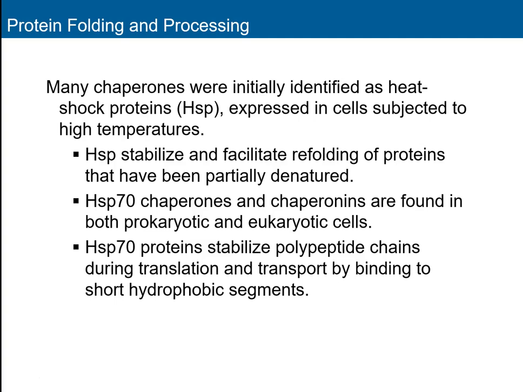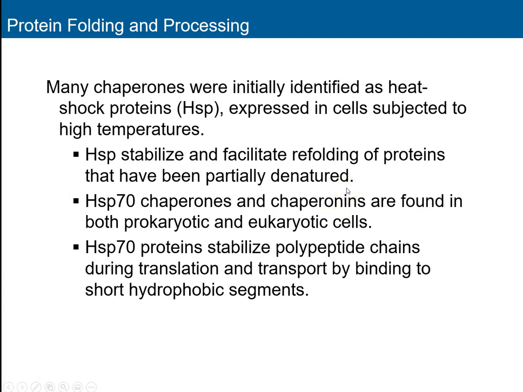Okay. A little more about chaperones here. So these guys were initially identified as something called heat shock proteins, and they're abbreviated HSP. And so basically they saw that these heat shock proteins were expressed in cells that were subject to high temperatures, okay? And then maybe at the time when they first discovered them, they didn't necessarily know exactly what they did, right? So heat shock proteins will stabilize and facilitate the refolding of proteins that have been partially denatured, right?